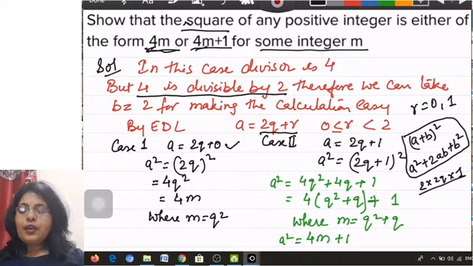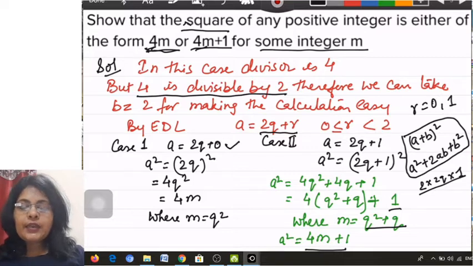So now our main target is to make it 4m plus 1. So what we are going to do is put aside 1 over here, take 4 common, and put the rest of the things in brackets. Now we write 4 times q square plus q, and this q square plus q will act as m. We can simply write here 4m plus 1, and we can see that our conditions are satisfied.